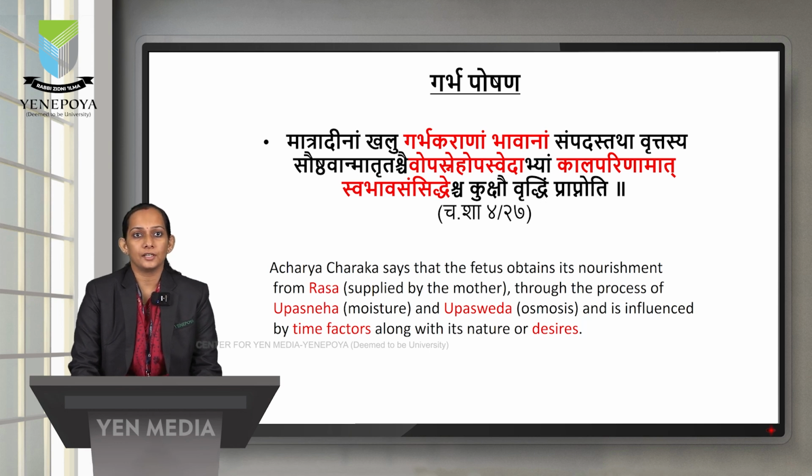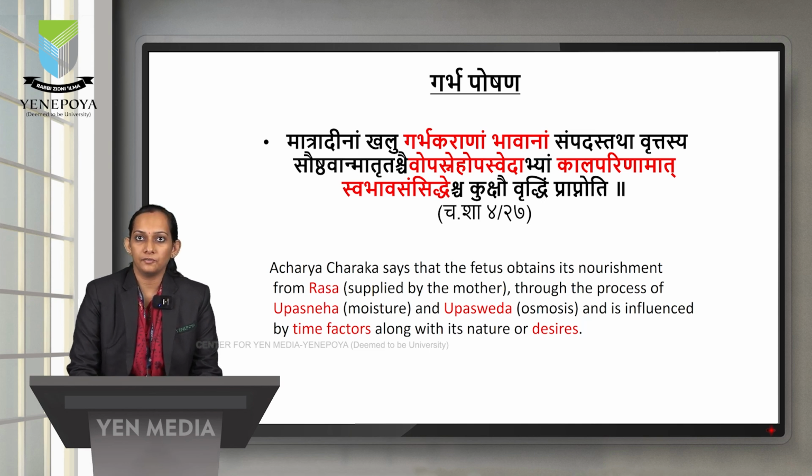Acharya Charaka clearly says that the fetus obtains its nourishment from the rasa supplied by the mother, through the processes of upasneha as well as upasveda. It is also influenced by the time factor along with its own desires. So mainly the fetus gets its nourishment through two processes, upasneha and upasveda.